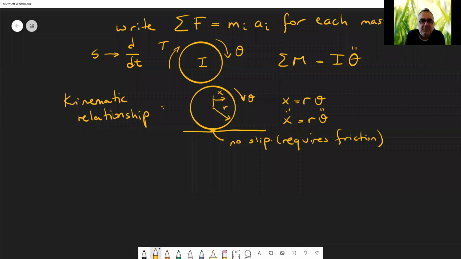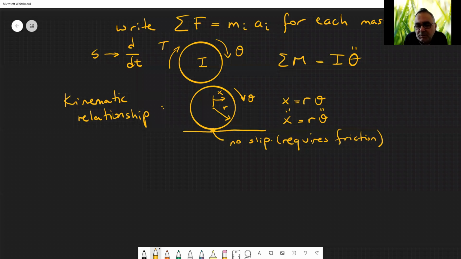Without friction, there will always be slip, okay? And in the condition of no slip, you can show that there will be zero energy loss. So in cars traveling on a road, there will be zero energy loss because of the tire friction if there is no slip, which is kind of true.